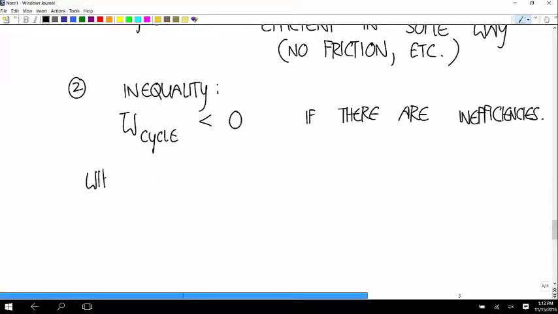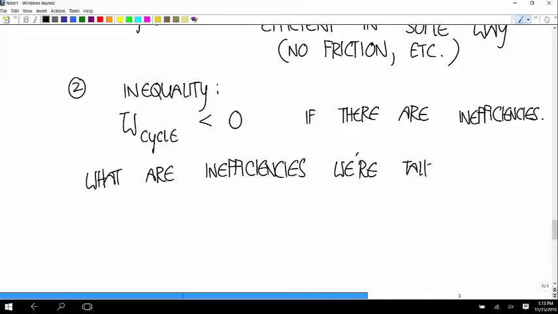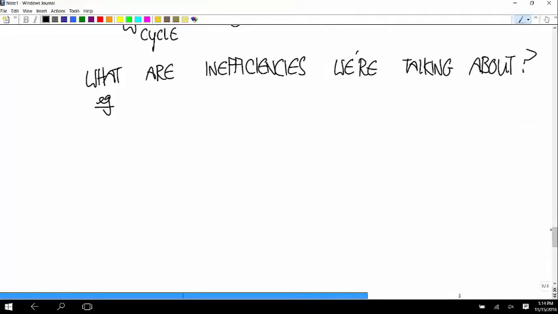So what are these inefficiencies that we're talking about? Well, think about a mechanics example. Think about a pendulum.